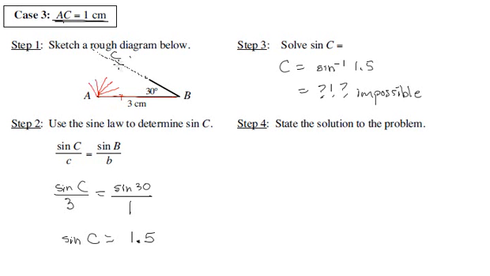It isn't enough length to close off the triangle, and the sine law knows that, and it comes back with this unsolvable thing to tell you that, hey, you're giving me measurements that can't possibly work. So the solution to this problem is the triangle cannot exist. A triangle with the measurements given cannot exist.